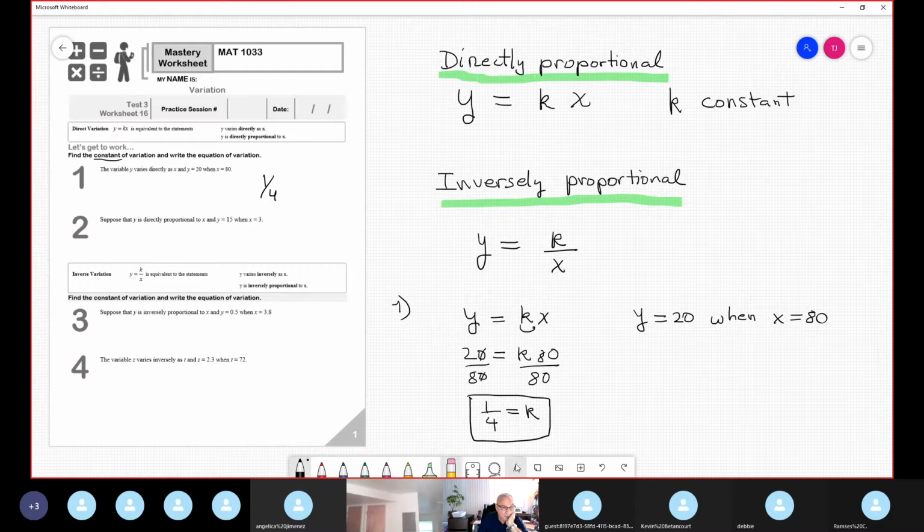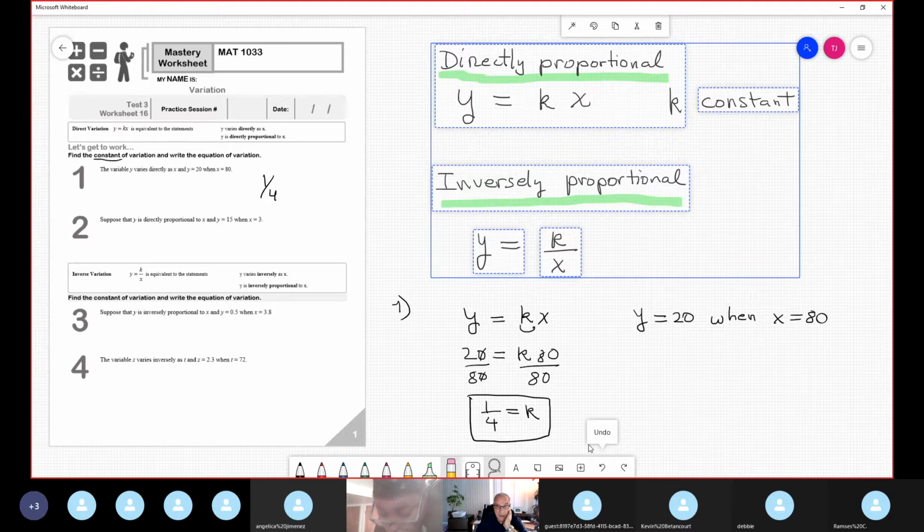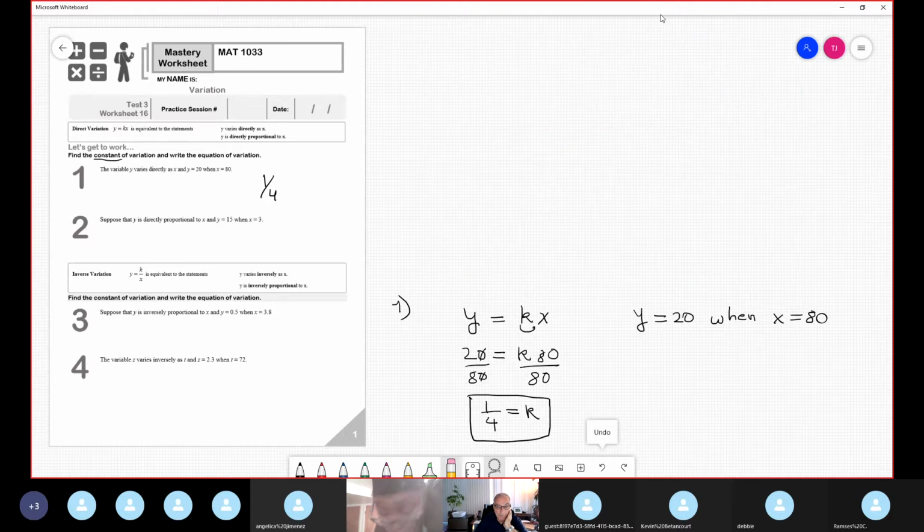Suppose now the second example. Do you follow me? The second example is similar. We have y directly proportional with x. It's again using the same variable. Y is directly proportional to x.